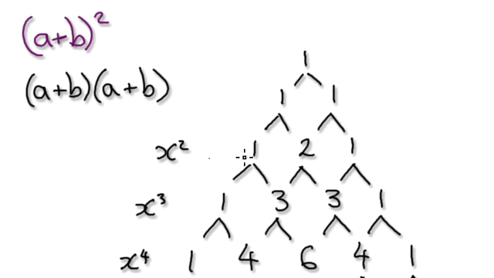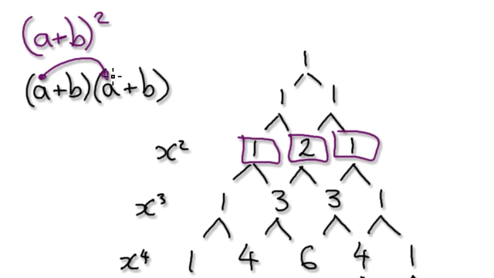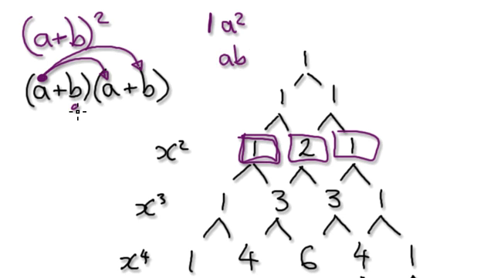Looking at a plus b squared, these would be your coefficients here. When you want to do a plus b squared, it's really you getting this times this here. You're going to get 1a squared here because of this 1 here. And then when it comes to ab, this times this here will give you ab, and later on you've got another ab here, so that would give you ultimately 2ab.